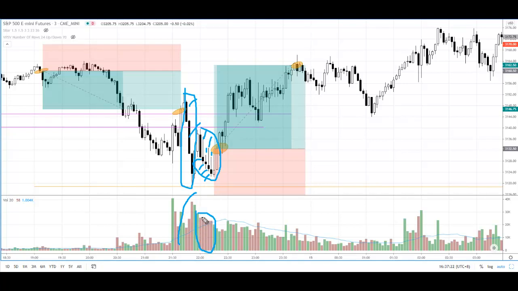So this is consistent supply coming out. I think it's above 20k. Even this bar as well, a white bar, still shows some kind of rejection tail happening here.